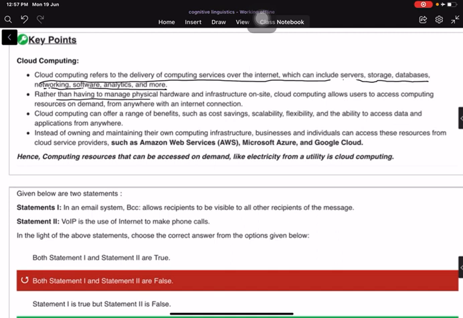Rather than managing physical hardware and infrastructure on site, users can access computing resources on demand from anywhere with an internet connection. Examples are AWS, Amazon Web Services, Microsoft Azure, and Google Cloud.